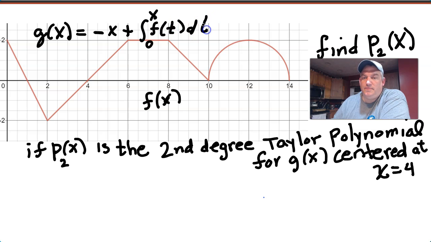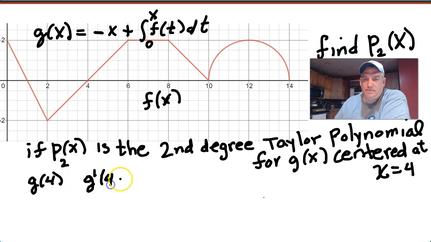And so, in order to find the second degree Taylor polynomial for g of x centered at x equals 4, we need g of 4. We're also going to need g prime 4. And we're also going to need g double prime 4.